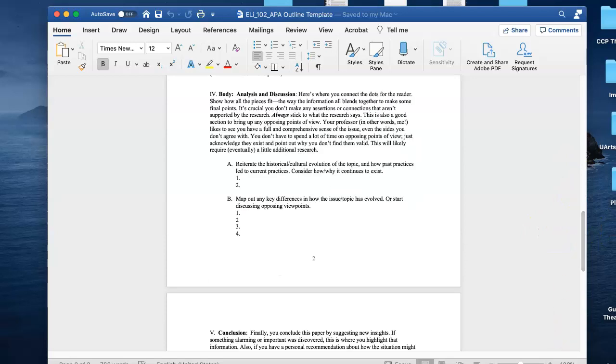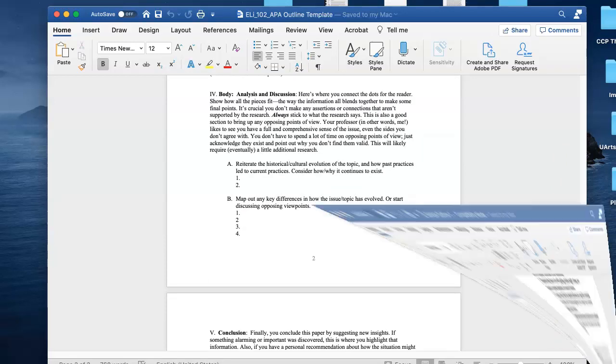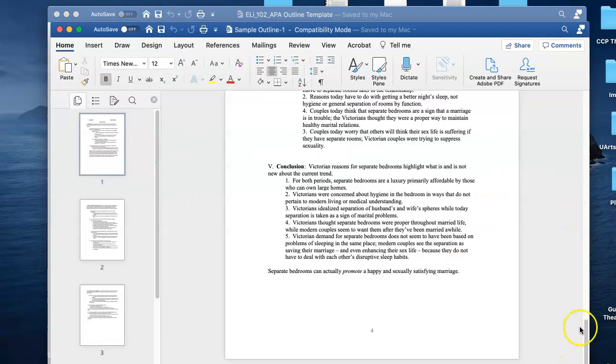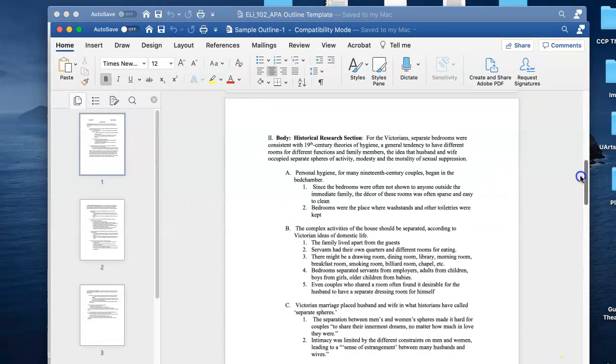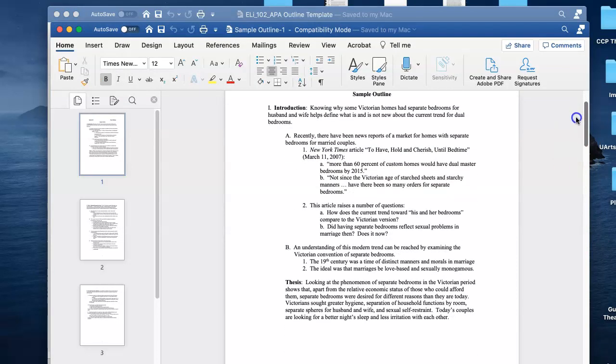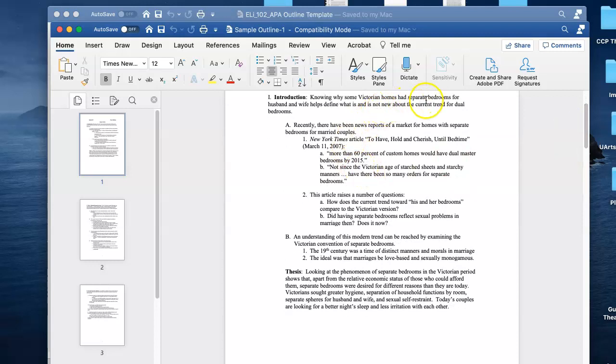And again, if you look at that sample one that's posted, you'll see that he's really just doing everything that I told you to do. He's introducing the topic with a nice sentence here. I think he's basing his observations on one article in particular.